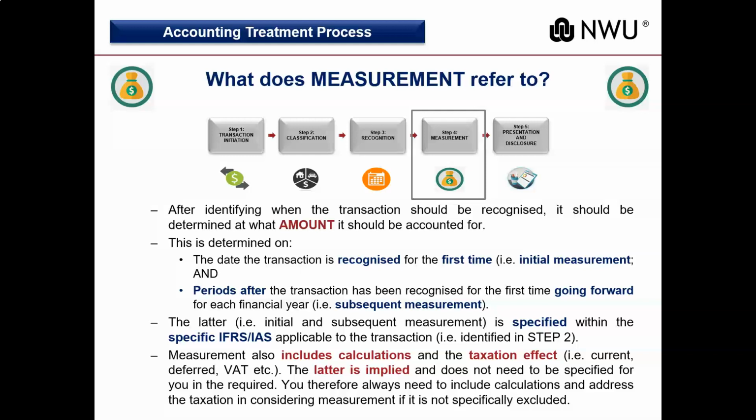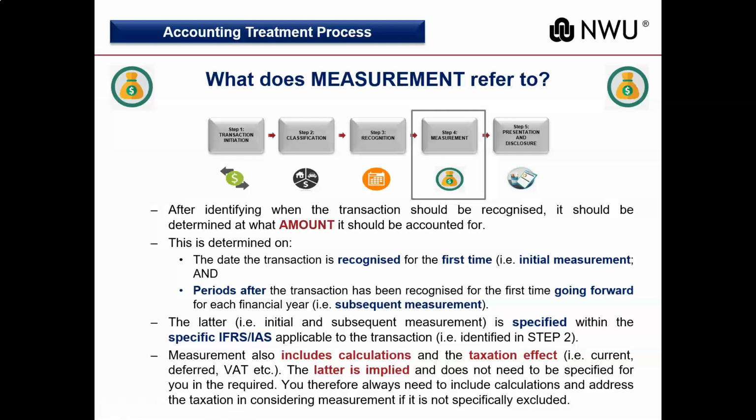Now, what's going to happen? In year 1, at the date that we purchase that vehicle, we're going to recognize the cost price of that vehicle in our accounting records. But subsequent to that recognition date, what do we have to do? Well, on an annual basis, we're going to write off depreciation on that asset. What is depreciation?